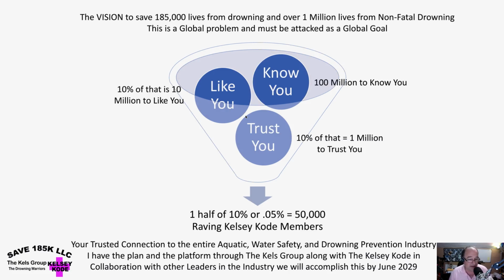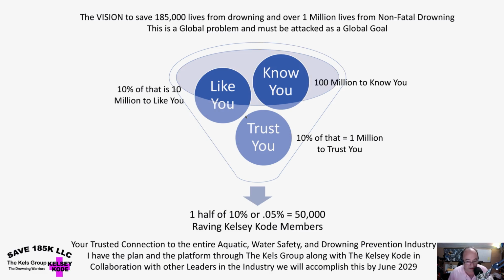Typically, from a marketing standpoint, if you were trying to sell a widget, or get somebody to donate money to you, the conversion rate is around 2%, maybe 3%. If you're doing better than that, that's awesome. So what I did is take half of 10%, which is 0.05, and that would be 50,000 what I refer to as raving fans.